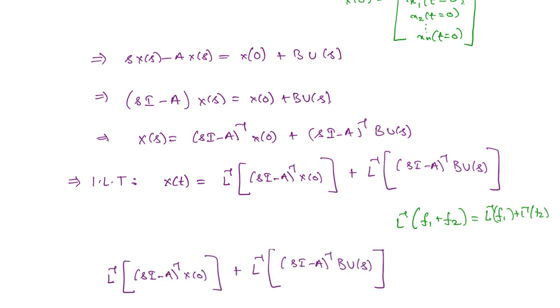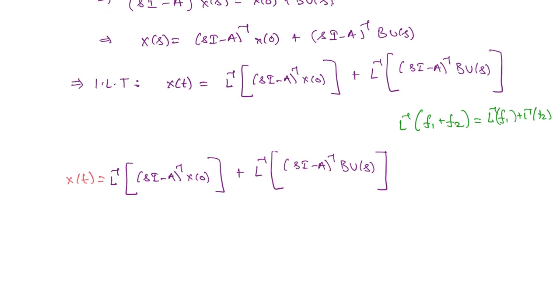Now this is the final solution, and you can see that this part is due to the initial conditions, and because of that it is known as the homogeneous solution, or you can also call it the natural solution. And what is this part?